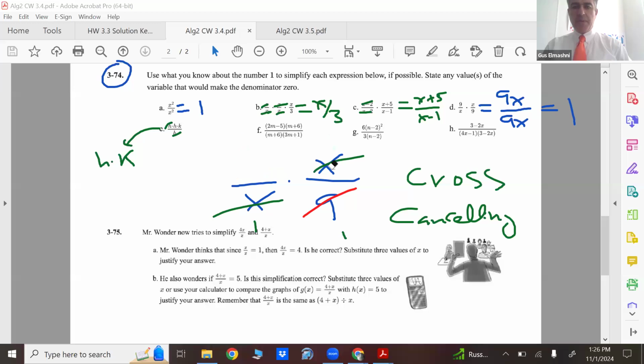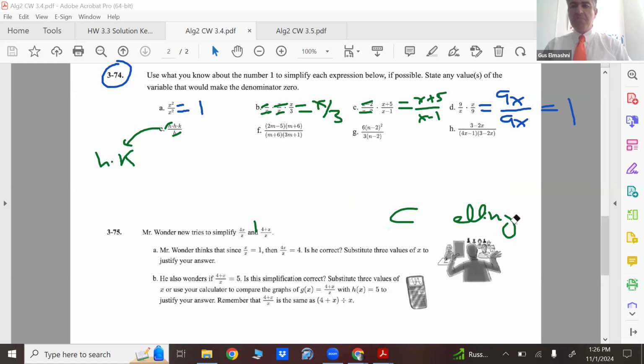Let me get rid of the other stuff because I need some space now. No, you don't need to. It's not necessary. Yeah, that was 1, by the way. Okay, what cancels for F? Yeah. M plus 6 cancels. Should get that.